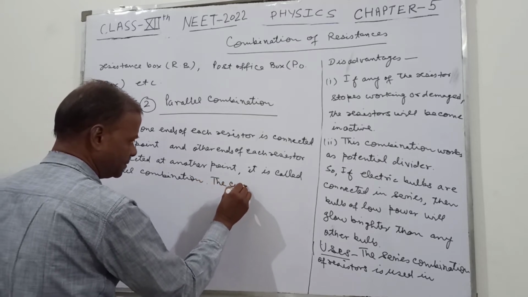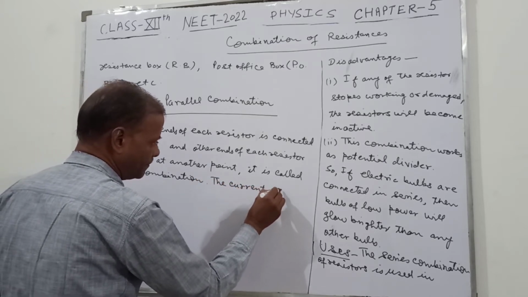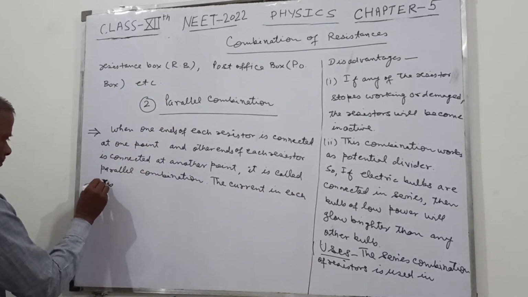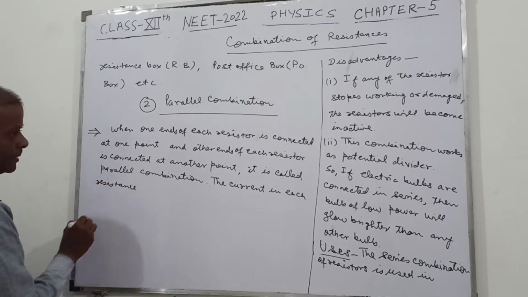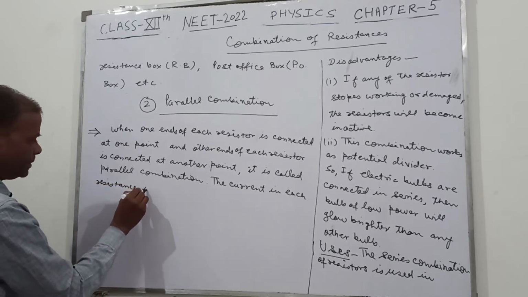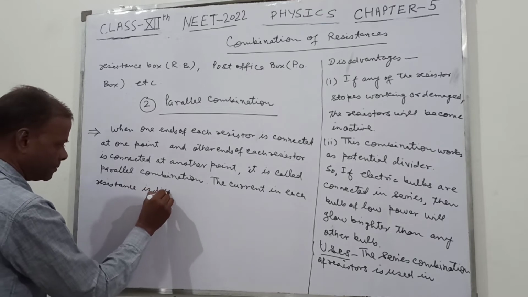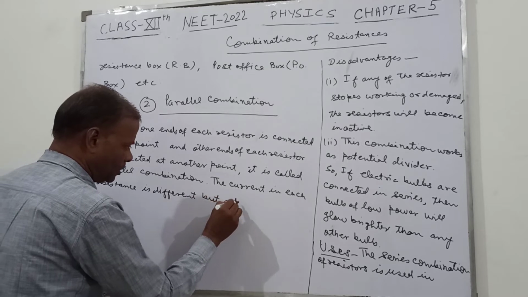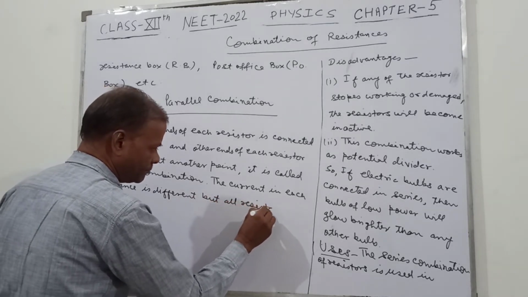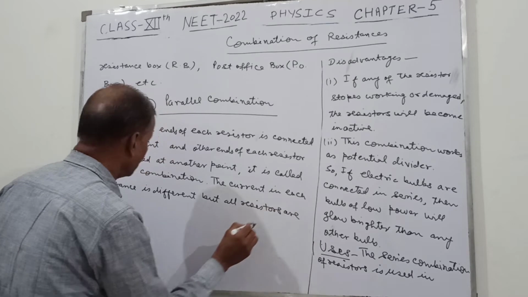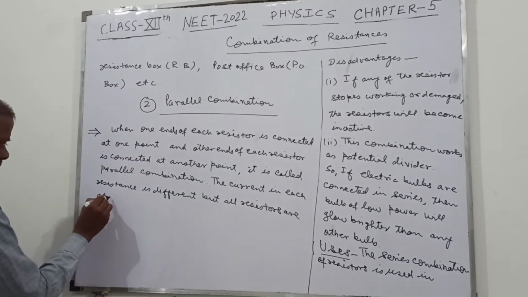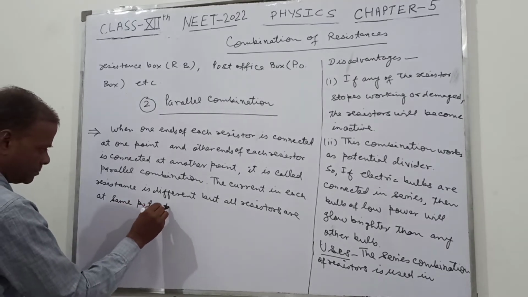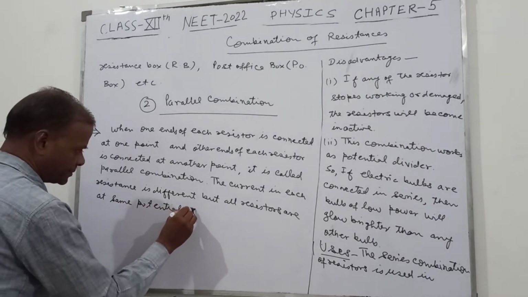The current in each resistor is different but all resistors are at the same potential difference.